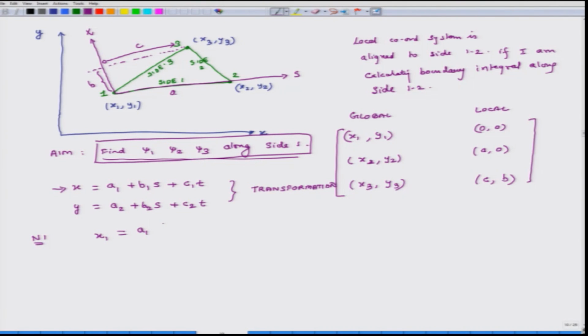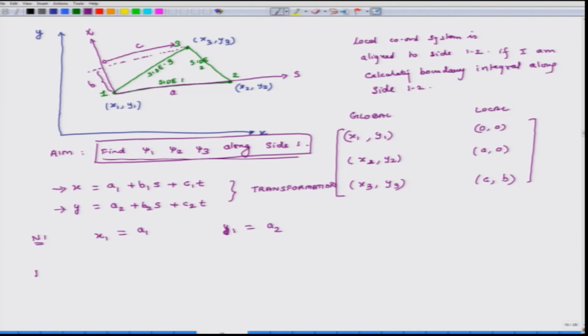So a1 is equal to x1, and similarly for y1, now we use the second equation for y. So y1 for node 1, what is the value of y? y1, that equals a2, because for node 1 s and t are 0. So in the second equation, y1 equals a2. So we have figured out the values of a1 and a2.